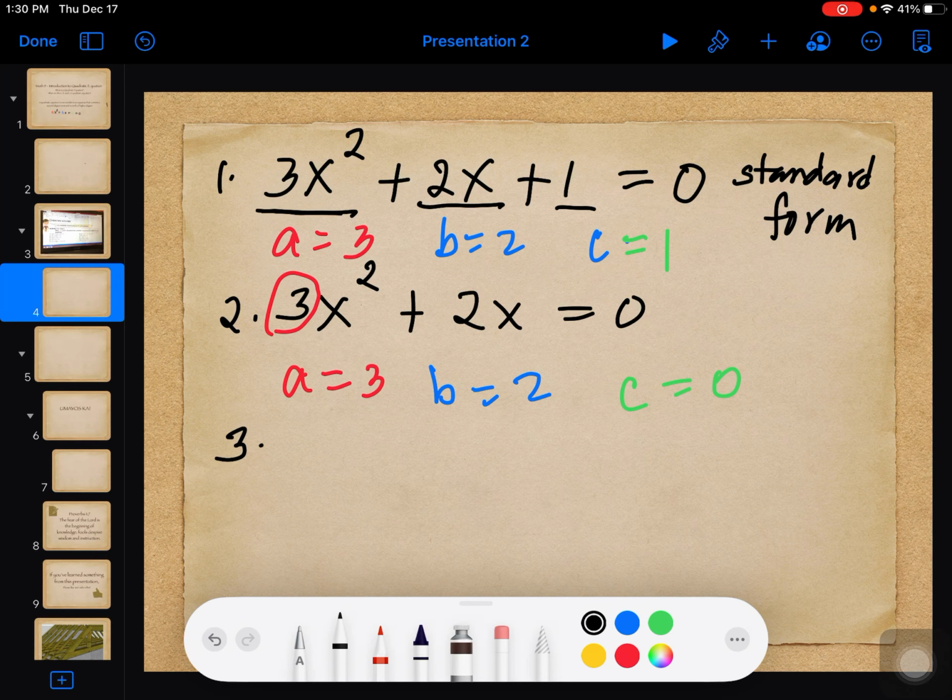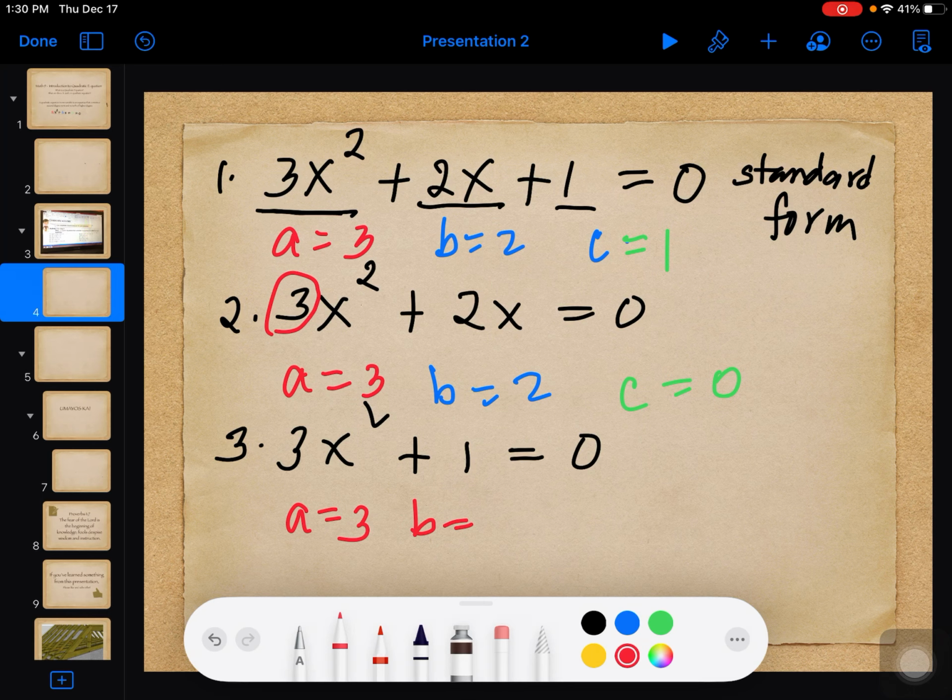Let's have number 3. We have 3x squared plus 1 equals 0. So you can compare it with my second example. Of course, a is again equal to 3. What is b? As you see, b is the linear term. Take note of that.